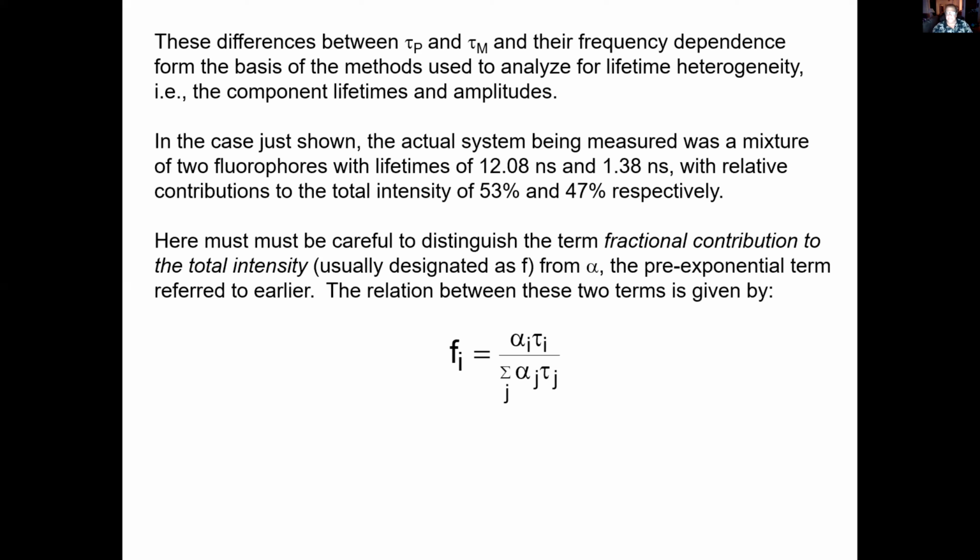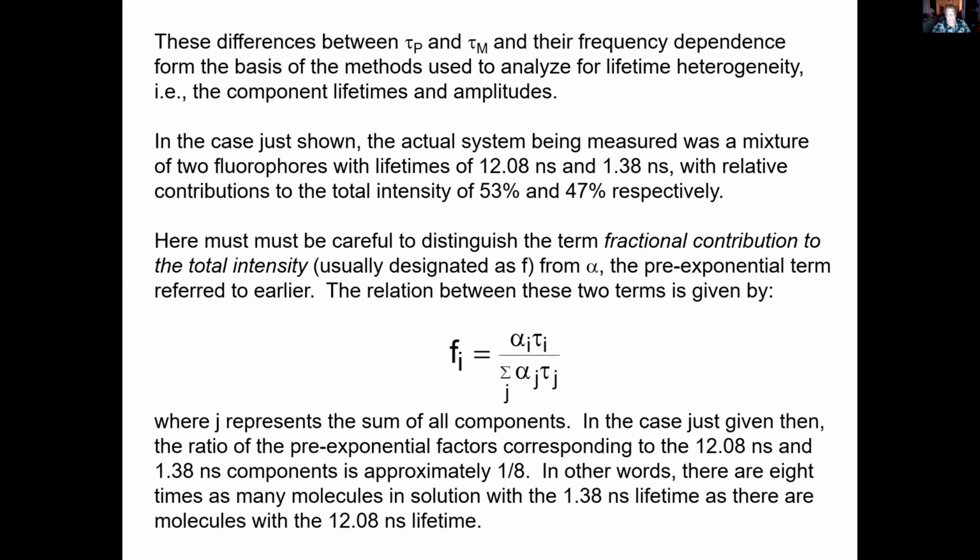The relationship between these two terms is given by this expression. The fractional intensity of the ith component is equal to the pre-exponential of the ith times the lifetime of the ith over the sum. And in fact, pre-exponentials are telling you how many molecules are there, but the fractional intensity is telling you how many photons from these molecules reach the phototube.